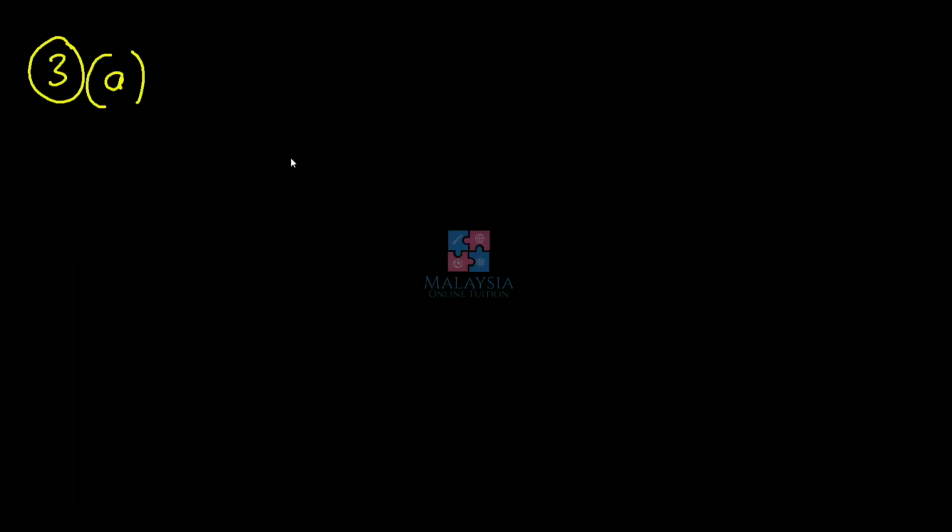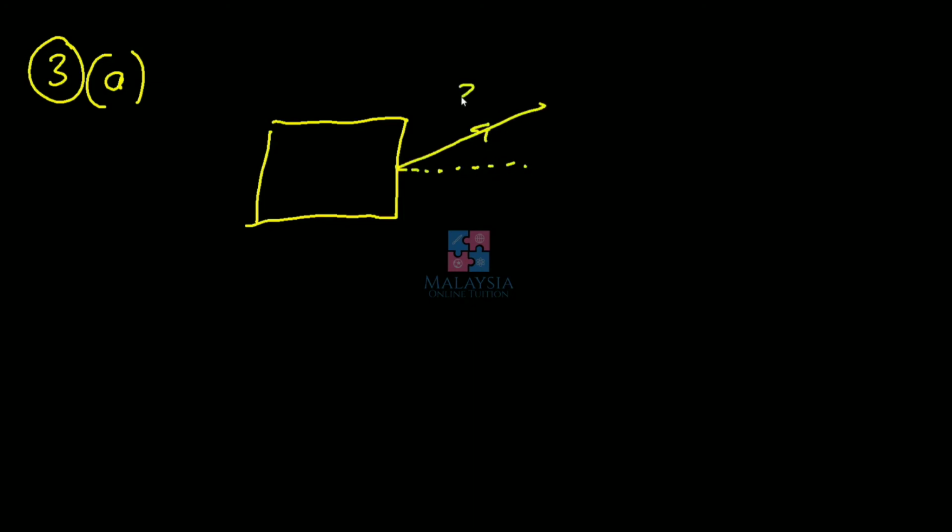So a block, and we know that the tension in the string makes an angle of 24 degrees to the horizontal. So let's say this is the horizontal. This will be the 30 Newton tension in the string, and this will be the 24-degree angle. Since we have this block on a rough horizontal table, this will be your frictional force, and the mass of the block is 4 kilograms, so the weight will be 4 times 10, which is 40 Newton.